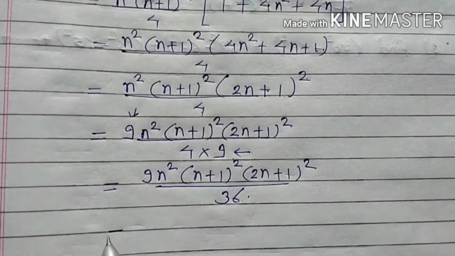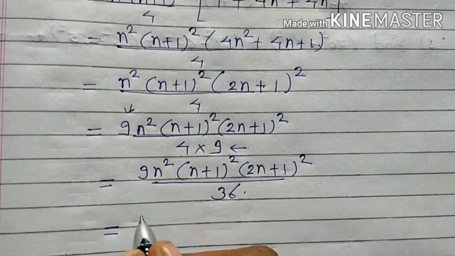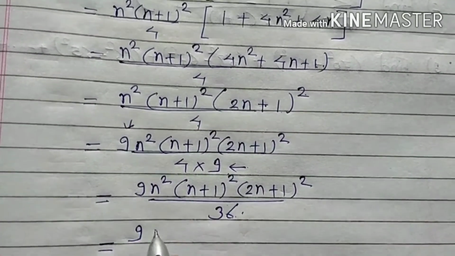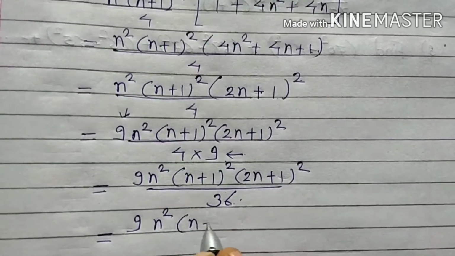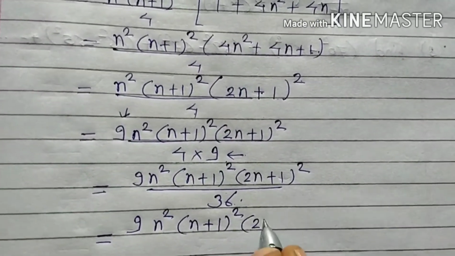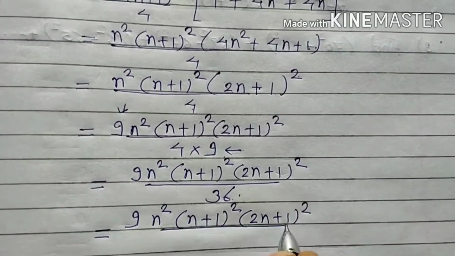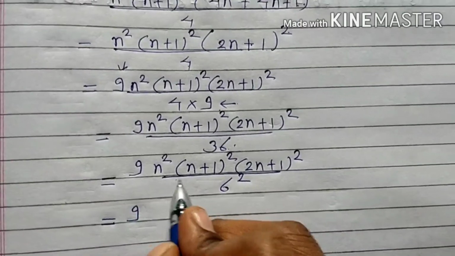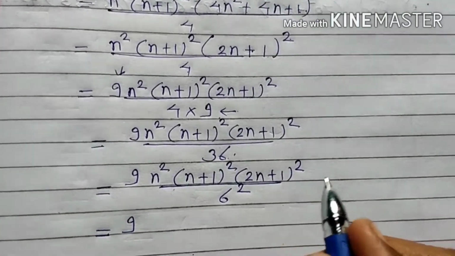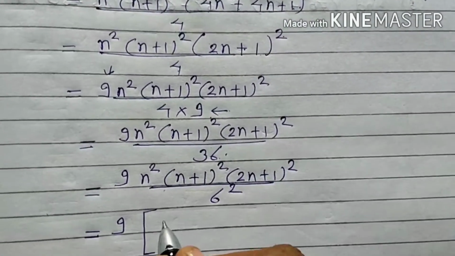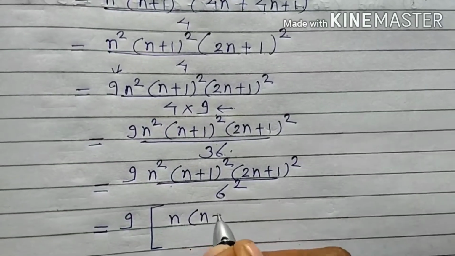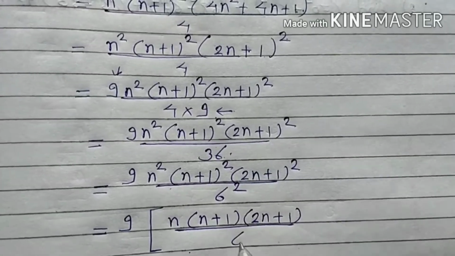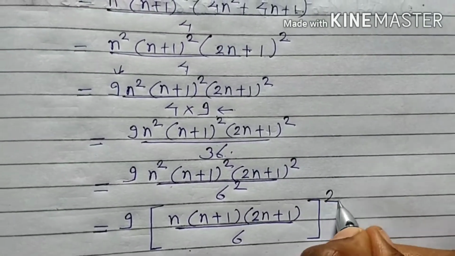Now next, take 9 as it is, and after squaring, I am writing here like that: n square, n plus 1 square, 2n plus 1 square, and it is 6 square. So all these terms are being squared, so I am taking them in one bracket: n into n plus 1 into 2n plus 1 upon 6, and this is whole square.